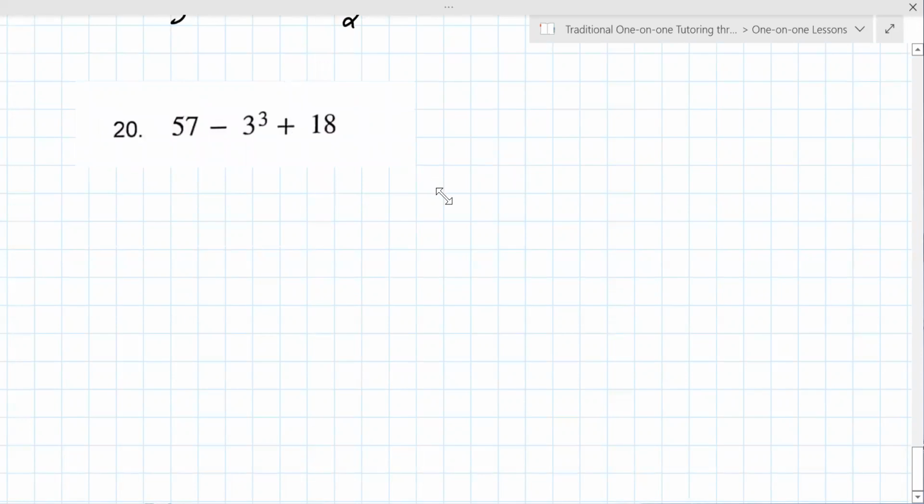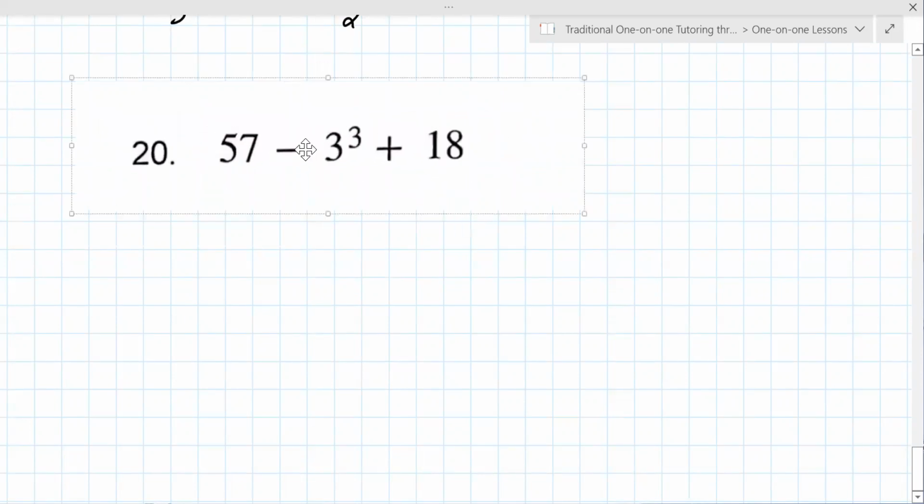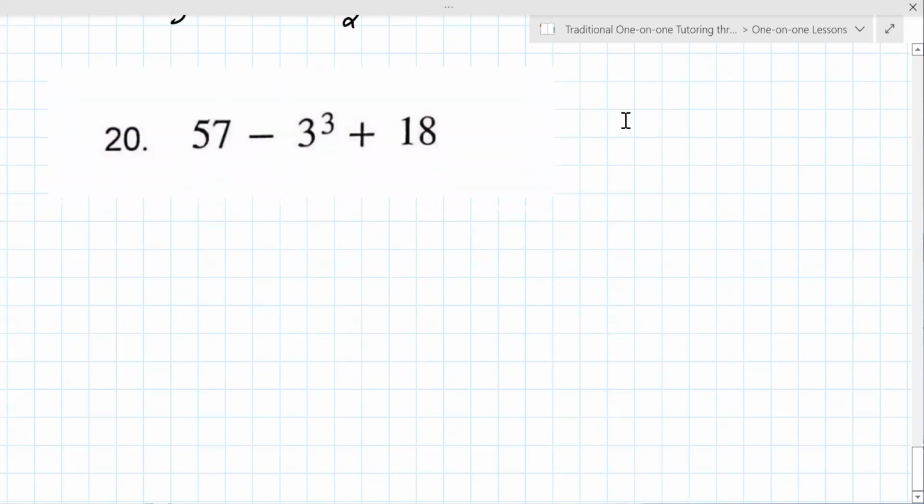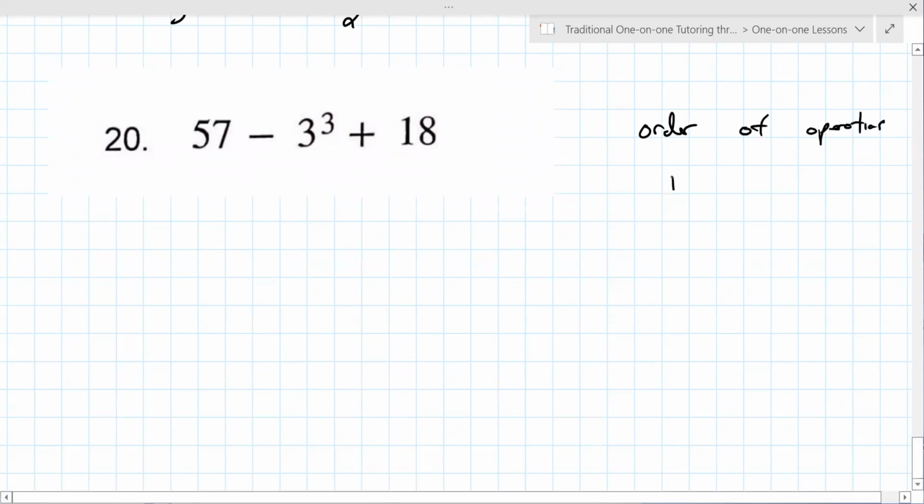Okay, let's look at number 20 whenever you're ready. All right, so this is order of operations. This is a true test of whether you understand which operations to do first. When you are simplifying an expression, you have to go in this order.